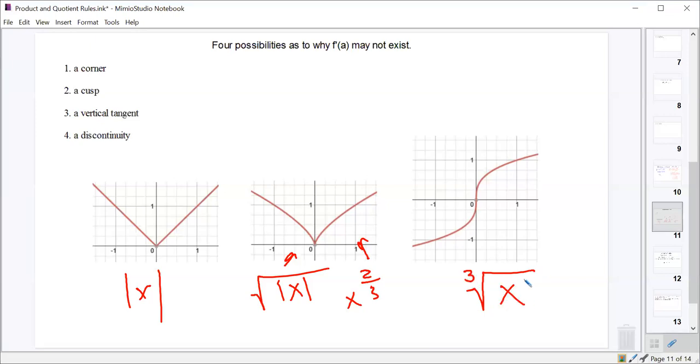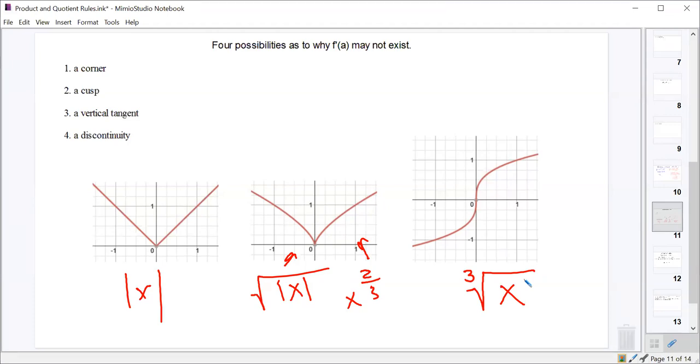Cube root of x. Can you guys still hear me? I'm getting no responses, so. Yeah, we can hear you. Okay, just nobody knew what that graph was? No. All right, but now we know. Cube root of x.